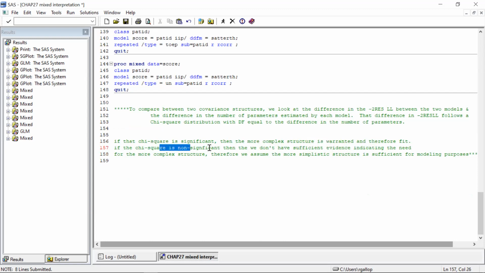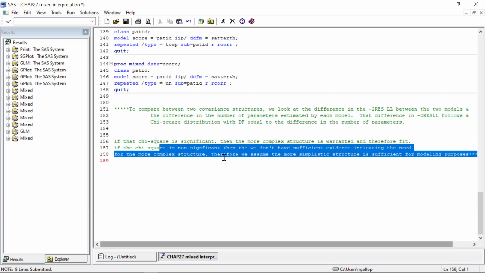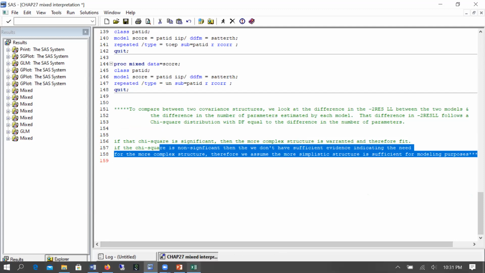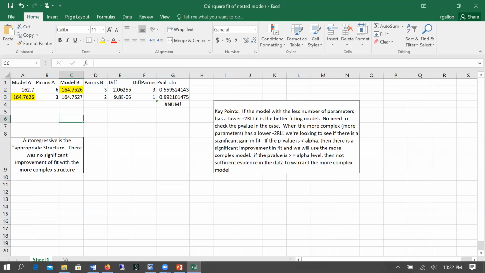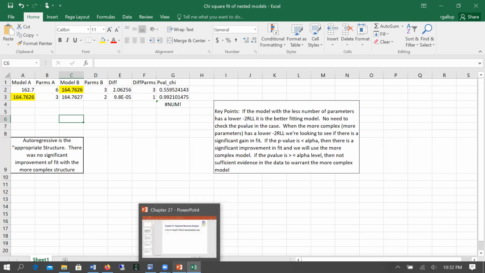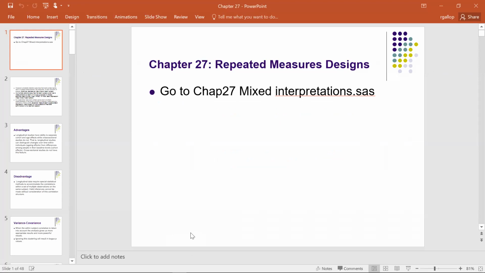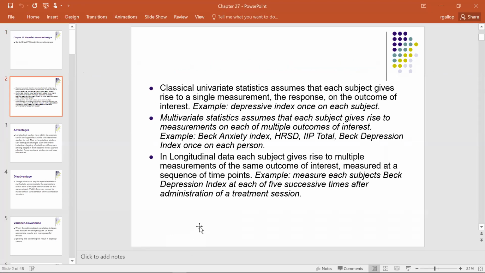If the chi-square is non-significant, then we don't have sufficient evidence indicating the need for a more complex structure, so we will assume the more simplistic structure is sufficient for modeling purposes. And we could use this Excel template, which you see on D2L, to figure out what the best variance covariance structure is for the data in hand. It's pretty cool. I know it took us about 45 minutes on its own, but that's fine.